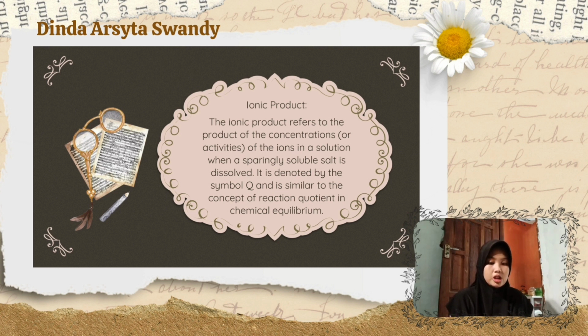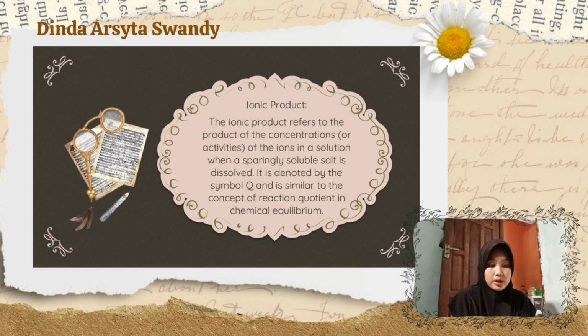Next, the solubility product, on the other hand, is a specific type of ionic product. It refers to the equilibrium constant for the dissolution or precipitation of a sparingly soluble salt in a saturated solution.